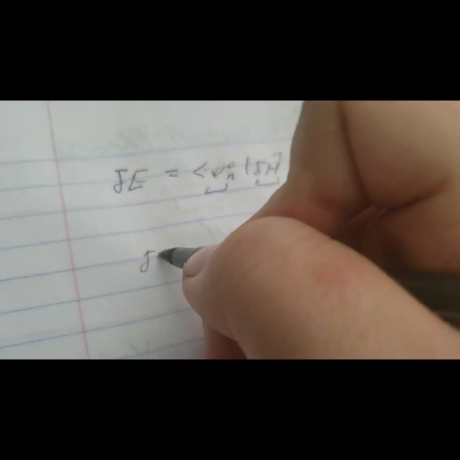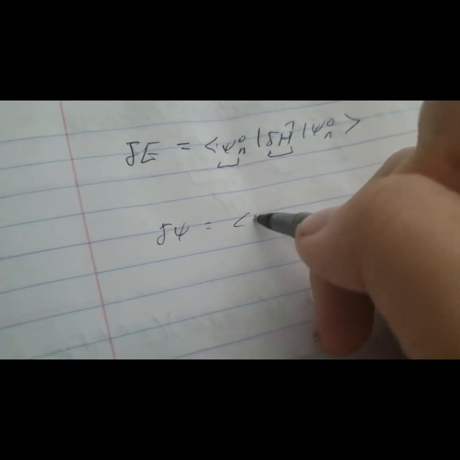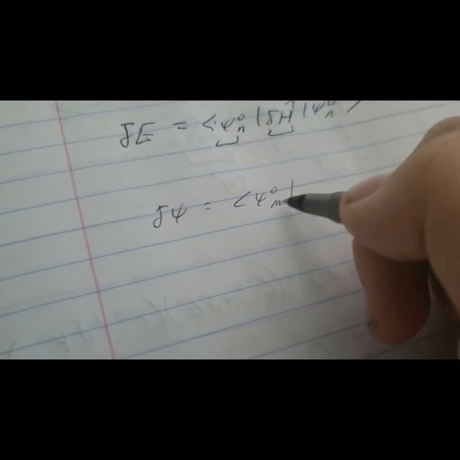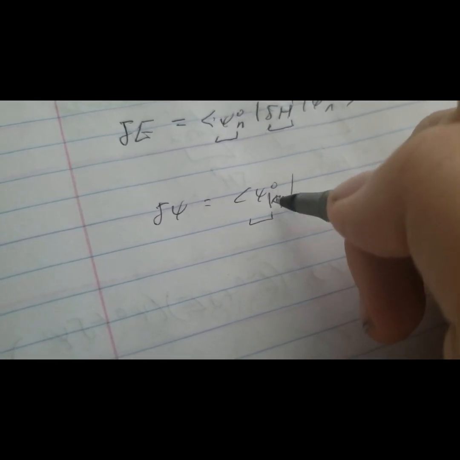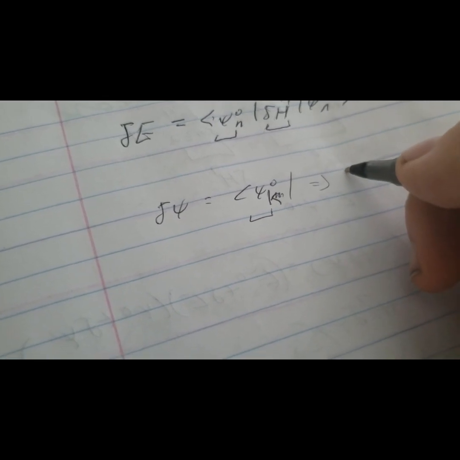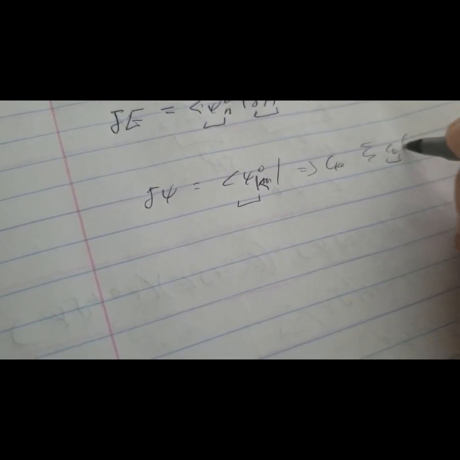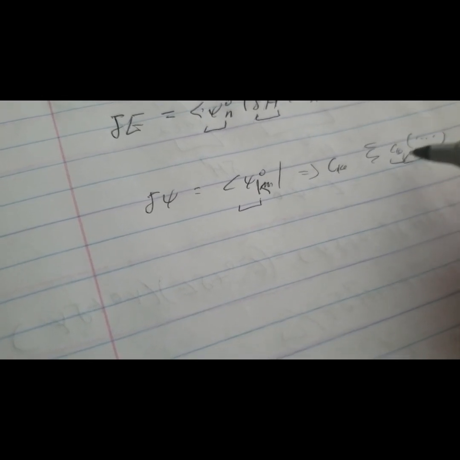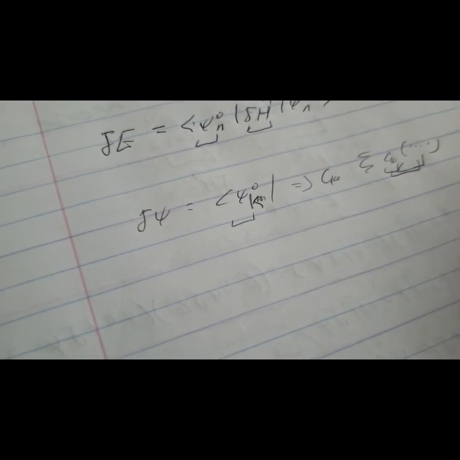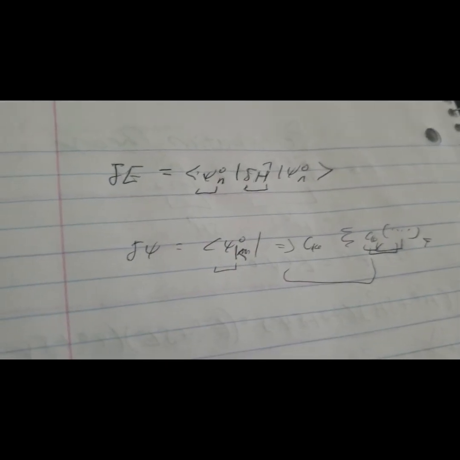And to get the perturbation of the wave function, you would take the inner product with some arbitrary state that was not equal to n, and you'd wind up getting a formula for c_k, and you plug that c_k back into the original formula, and blah blah blah, and you'd get our perturbation. But we're not going to use that in the following calculation. So anyway, back to standard format.